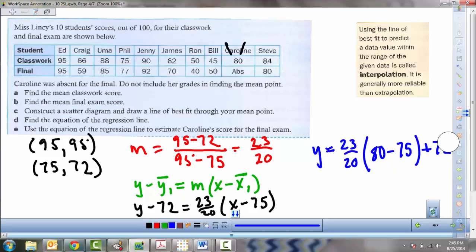When I do this, I get a score of 77.75. So we should expect that based on Caroline's classwork, she would score approximately 78 on the final.